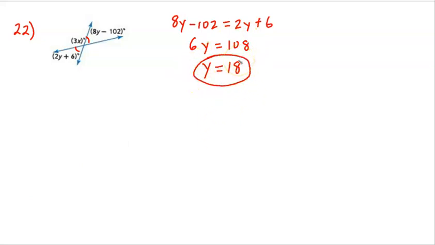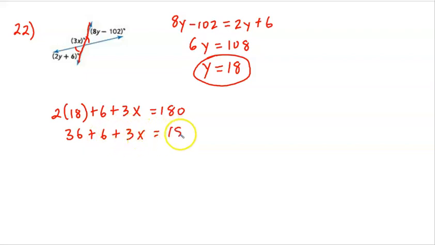Okay, now let's see if we can find X. The way I'm going to find X is knowing that these are adjacent angles and they are supplementary because together they would add up to 180 degrees. So now that I know what Y is, I can replace Y with 18, add 3X, let that equal 180, and now I can solve for X. So this is 42.